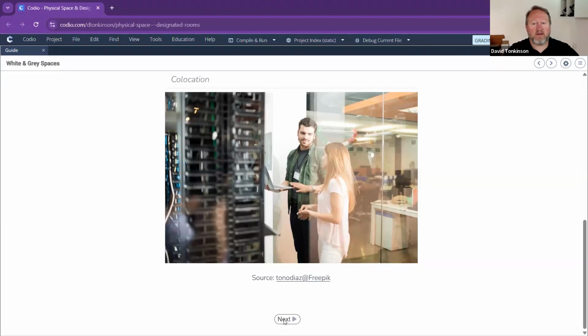So who knows what the difference is between a relational database and a non-relational database? Or who'd like me to explain it to them? I think I'm going to explain anyway.